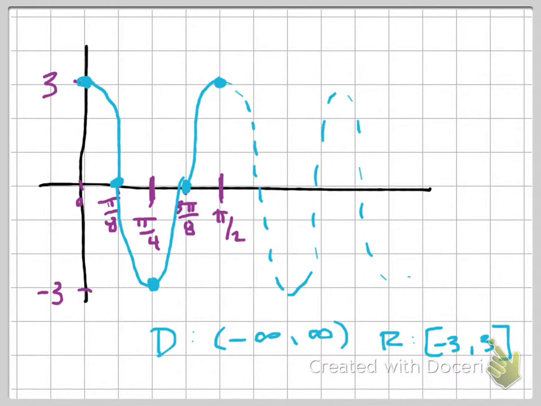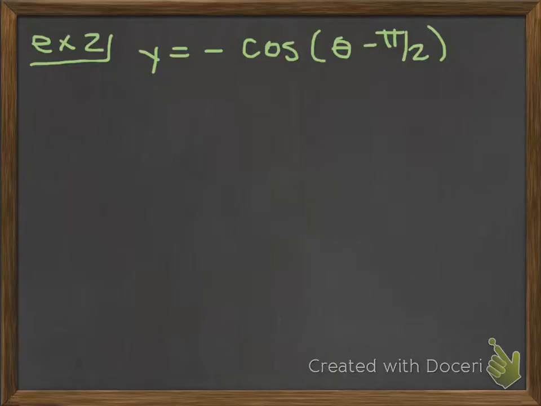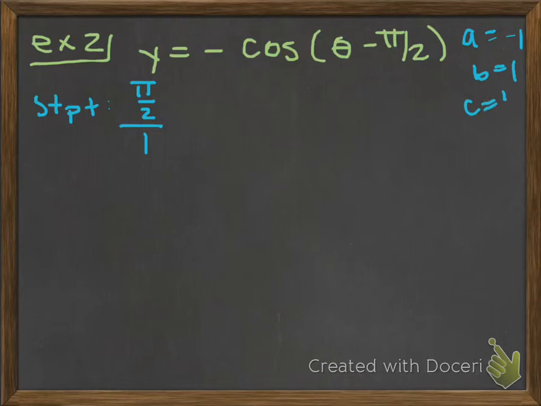Next thing that we're going to do is an example with a problem where you have a c value, so that means you are shifting on the x-axis. So our next example is y equals negative cosine of theta minus pi over 2. So my starting point is going to be pi over 2 all over 1, because my a is negative 1, b is 1, and c is a positive pi over 2.